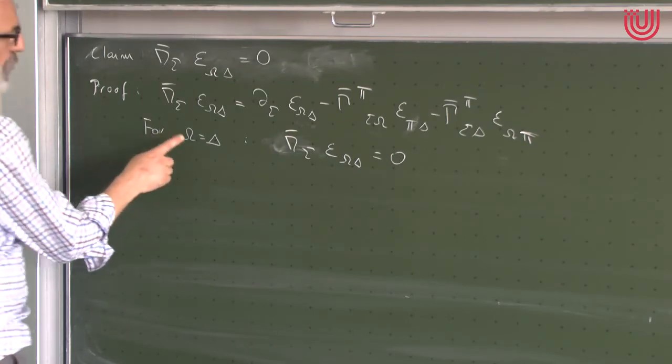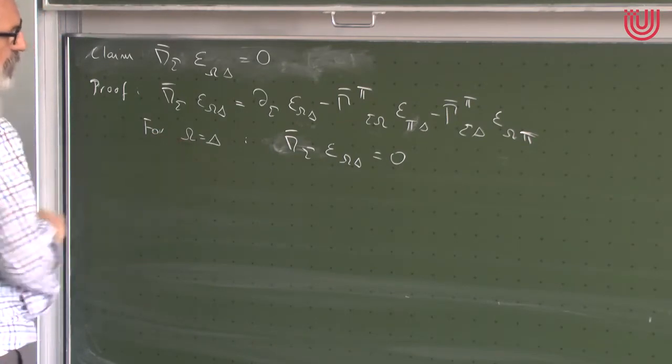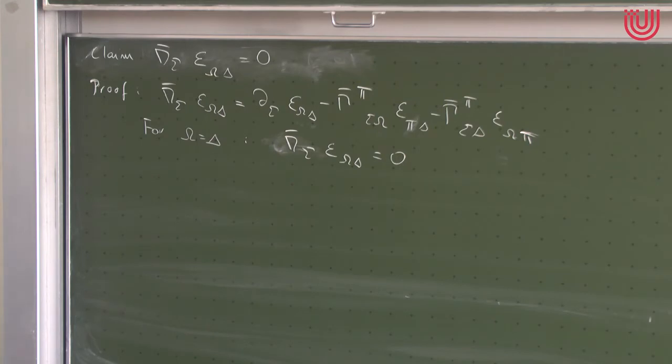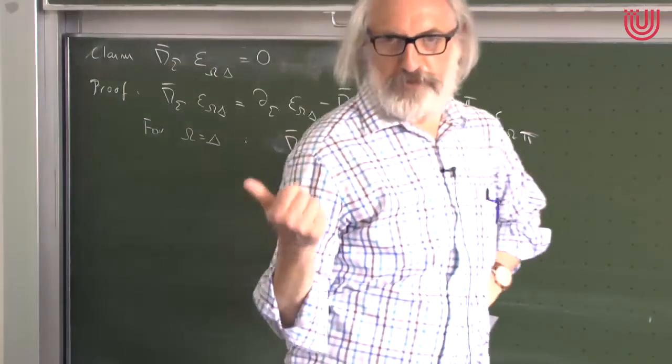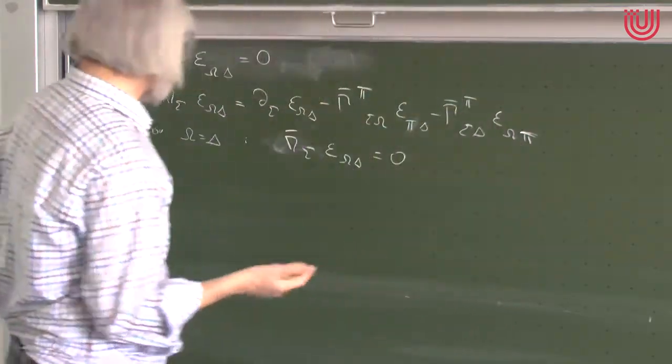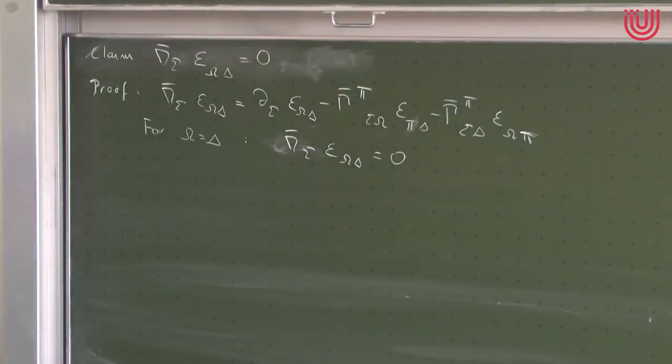So I only have to consider the case that omega is not the same as delta. But how many possibilities for omega and delta do we have? Only two, theta and phi. Yeah? So if they are not equal, then one must be theta and the other one must be phi.